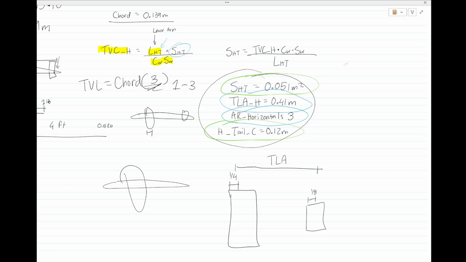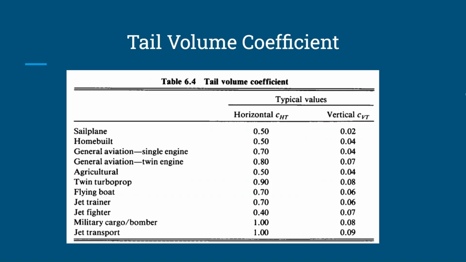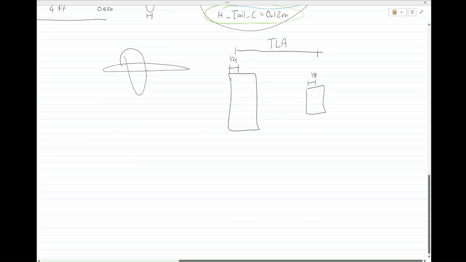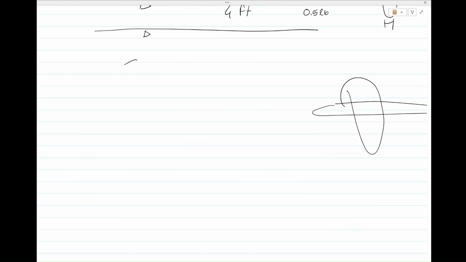Let's choose a vertical tail volume coefficient. 0.06 sounds suitable. We'll do 0.06. Let's go ahead and solve for it. I had to look at the formula because I'm cooked, it seems. So the coefficient times the lever arm times the V-tail area, then it's the wingspan and our wing area.